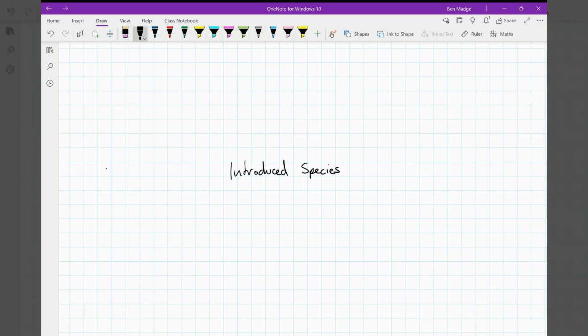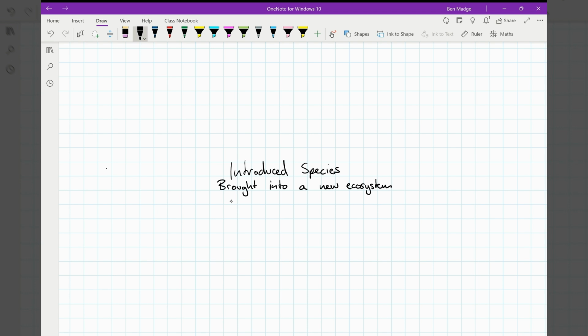Okay, so if we're going to look at introduced species, first we better define it. It is a species that has come from outside an area. So it's been brought into a new ecosystem.